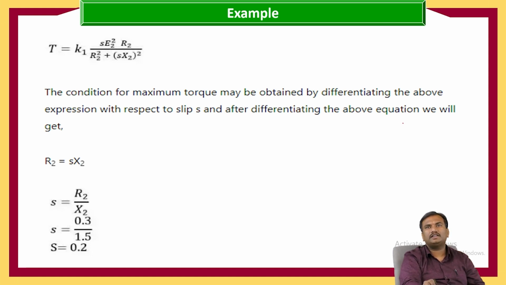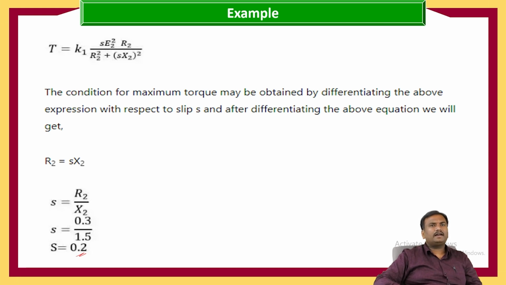After differentiating, we will get R2 equal to S X2. This is the condition for maximum torque. From this, S is equal to R2 by X2, where S is equal to 0.3 by 1.5, and we get the slip value as 0.2.